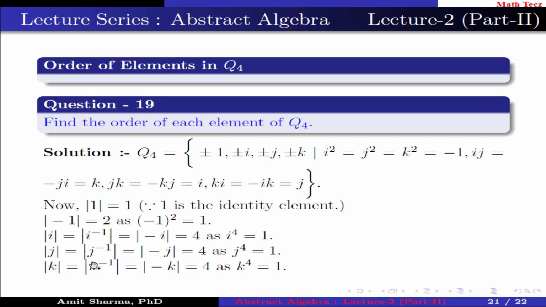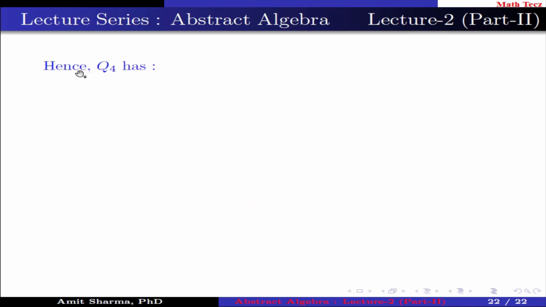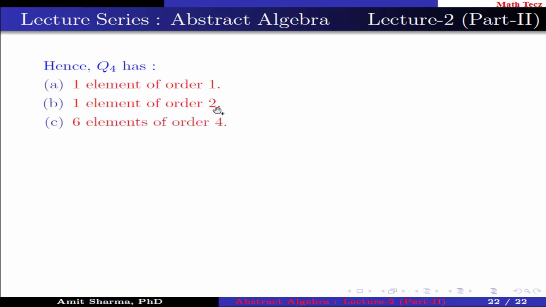Order of k equal to order of k inverse. Now k inverse is minus k, means order of k equal to order of minus k, which is equal to 4 because k raised to the power 4 is 1. Hence Q4 has one element of order 1, one element of order 2, and 6 elements of order 4.